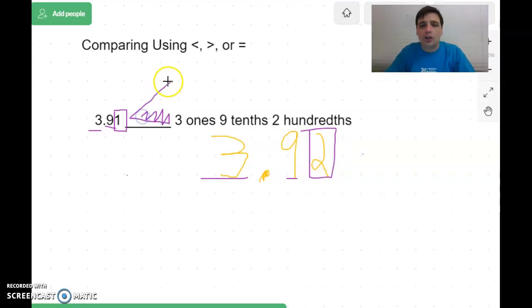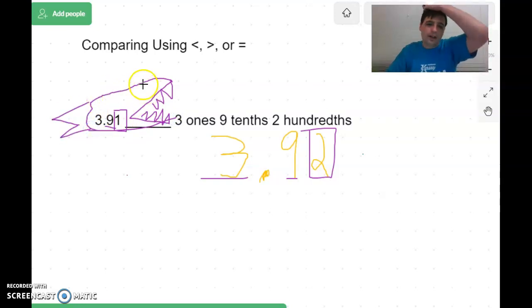I don't know why, I should have drawn it earlier. So there's my alligator mouth, and it eats the bigger one. That's a weird alligator. So I know that this one's my greater than, right? 3 and 91 hundredths is greater than 3 ones, 9 tenths, 2 hundredths.